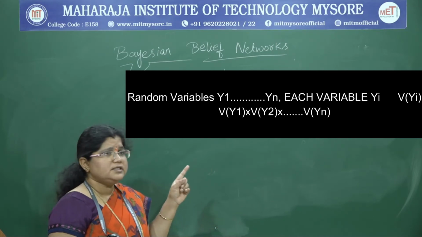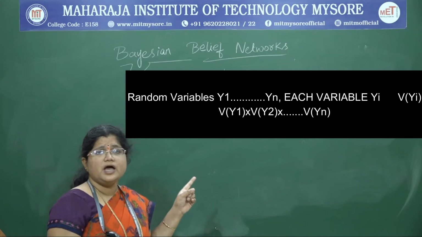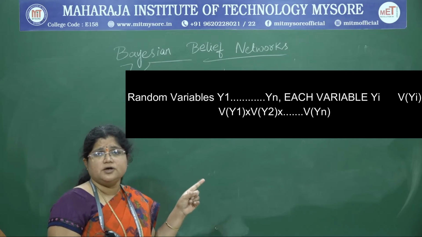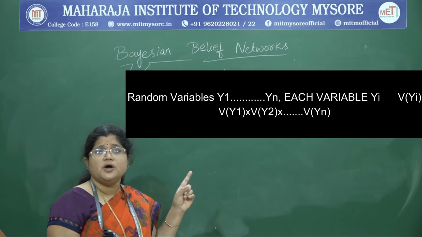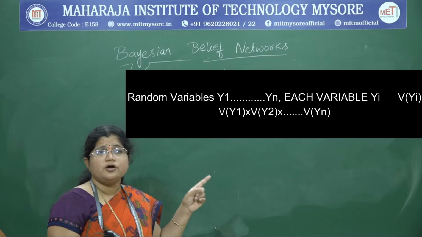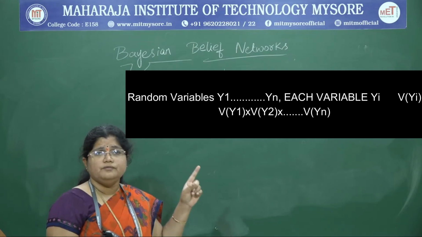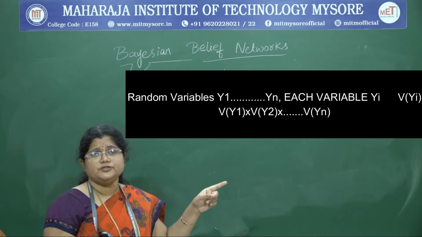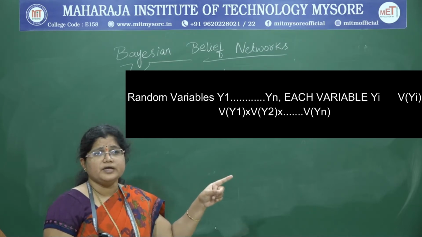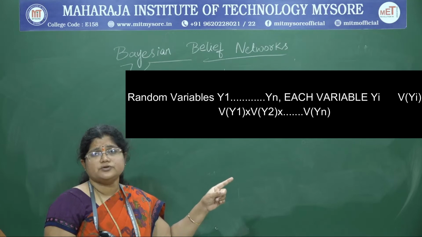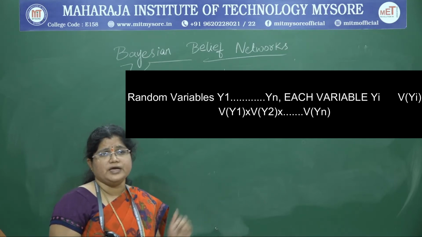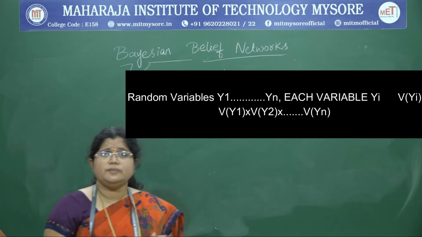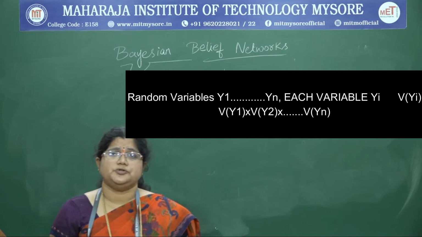The second notation: we have a joint space of the set of variables Y, which is the cross product V(Y1) × V(Y2) × ... × V(Yn), because it is a joint probability distribution.